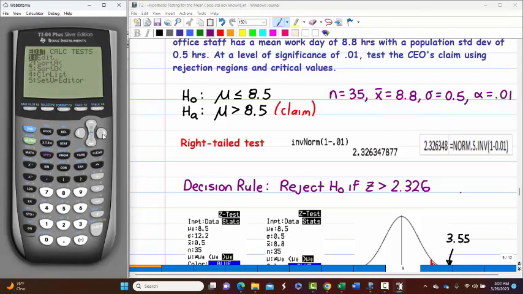Stat, Test, Z-test. Stats. The mu0 that we're testing against, 8.5.